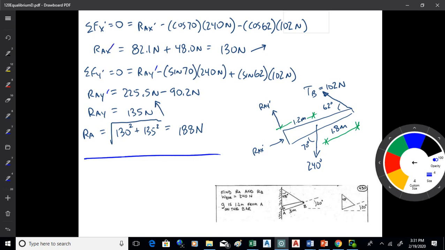All right. And then notice that that total pin force is 188.